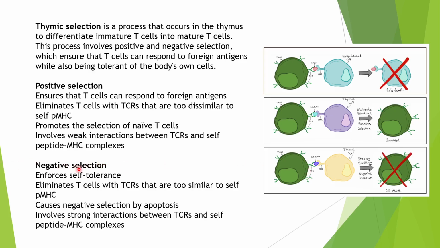So that is enforcing self tolerance. So this has to recognize it, but it should not be strong enough to trigger an immune response. Then only it can survive. That is your positive selection. But if it is too strong to trigger an immune response, then it will be selected for cell death. That is nothing but apoptosis.